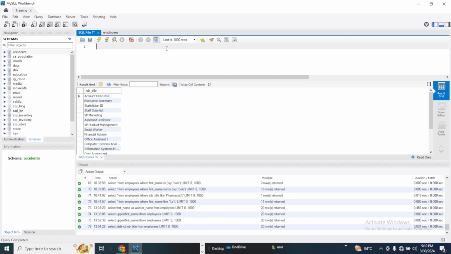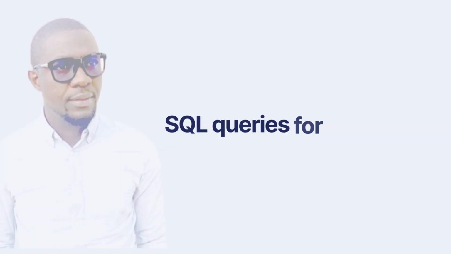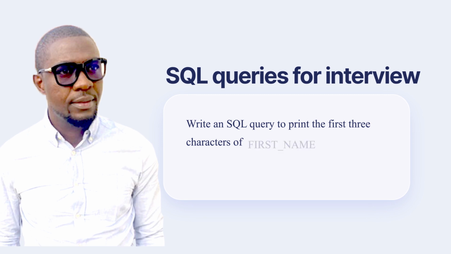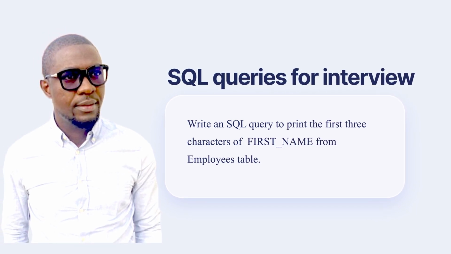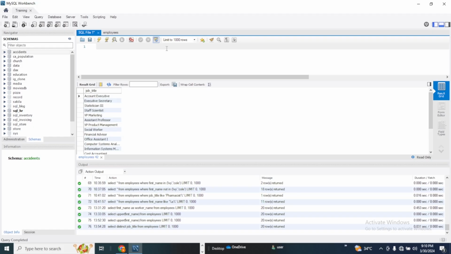Question number 4. Write an SQL query to print the first 3 characters of first name from employee table. In this, we are going to use substring, which is a function. We are going to use the substring function to extract a substring from a string.